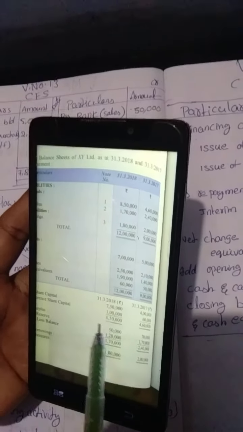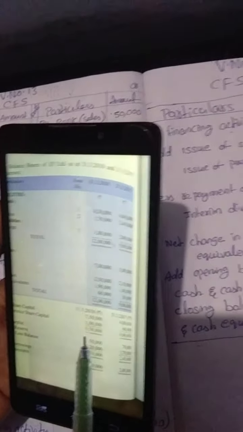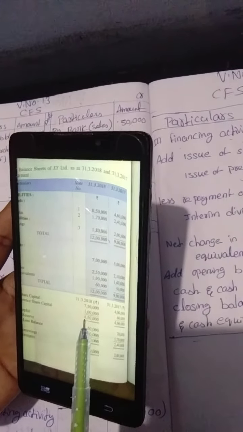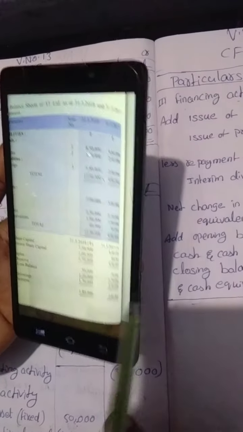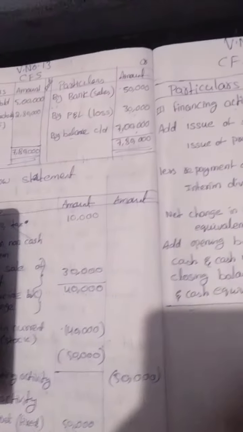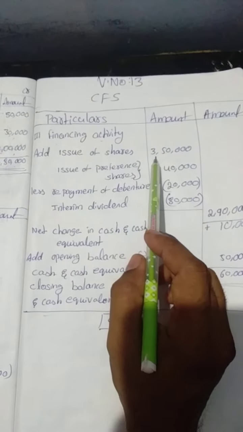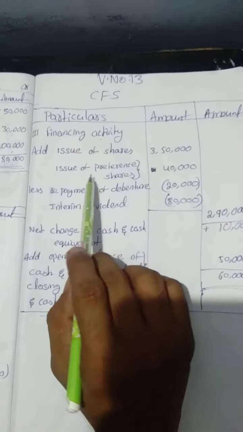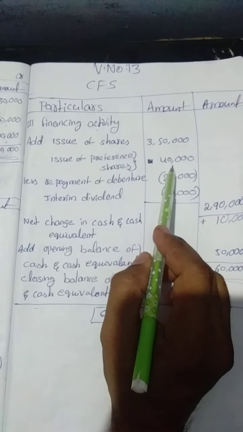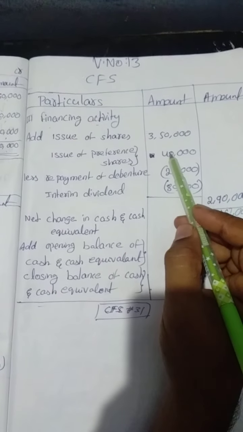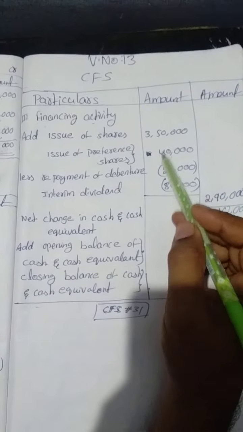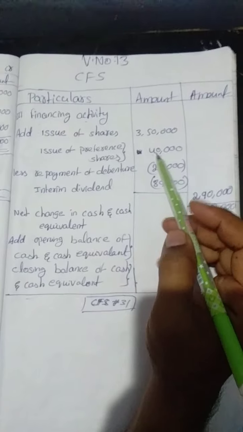Preference shares are 1 lakh in the current year and were 60,000 previously. We take the difference amounts: 3,50,000 for equity shares and 40,000 for preference shares. When we issue shares, we get the money, so we add these amounts.